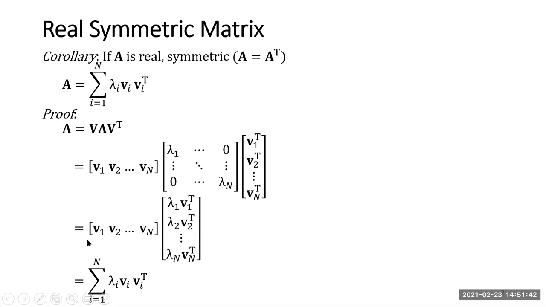And so this product would be equal to the summation of lambda i vi vi transpose. Therefore, A equals V lambda V transpose. We proved this property. And this is great because now we are able to decompose the symmetric matrix into three matrices, V, lambda, and V transpose.